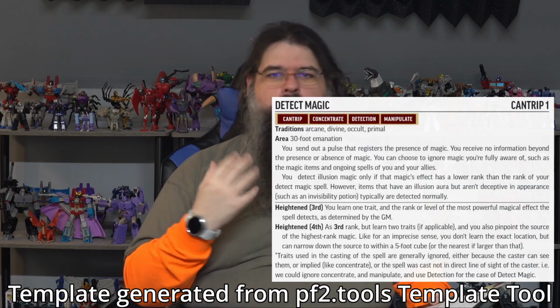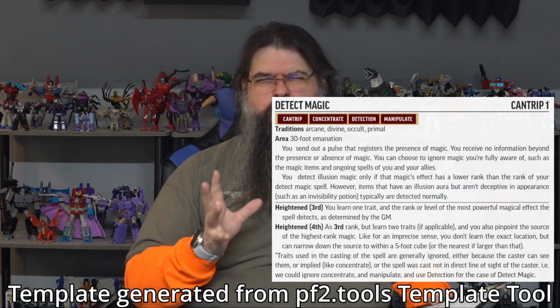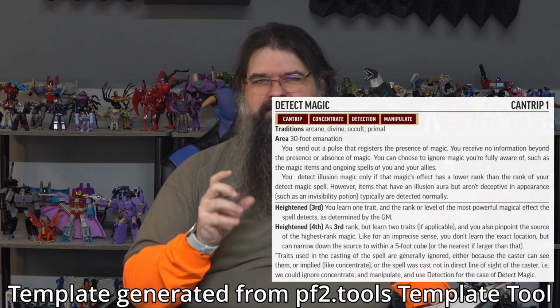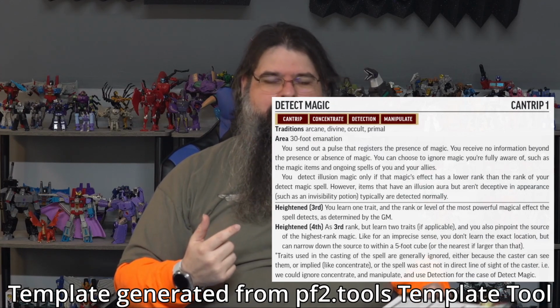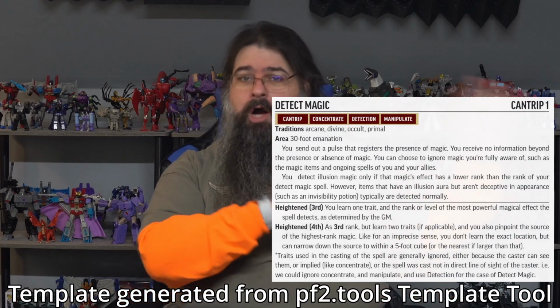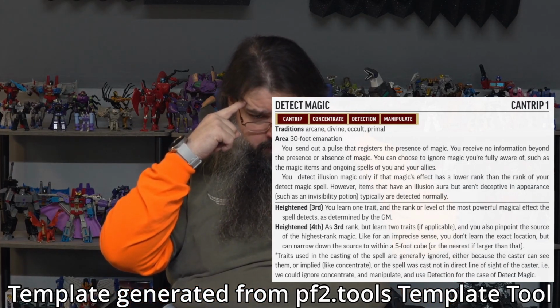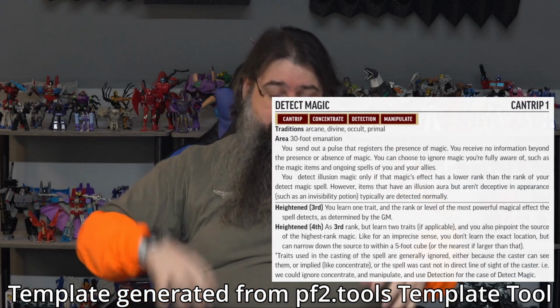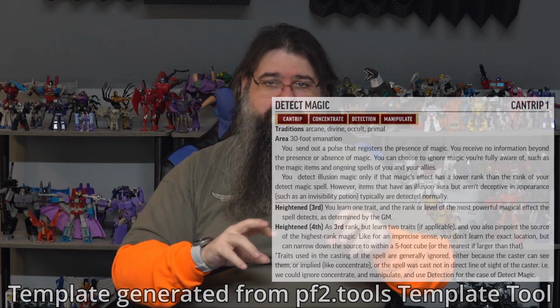When you're looking at a spell listing, you're going to see a bunch of traits that really don't mean anything in a vacuum, things like concentrate and manipulate. You have to remember that if I'm detecting a magical effect that's in place, the spell was cast long ago. So the idea of concentrating on the spell, and manipulating, using my hand gestures or pulling out some components, already occurred many moons ago.